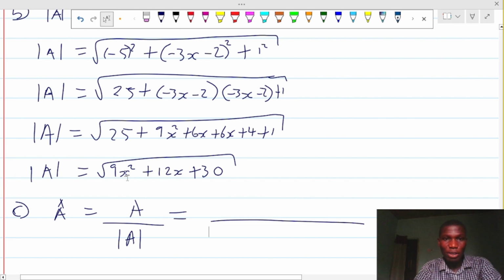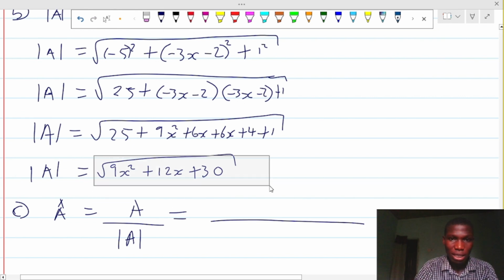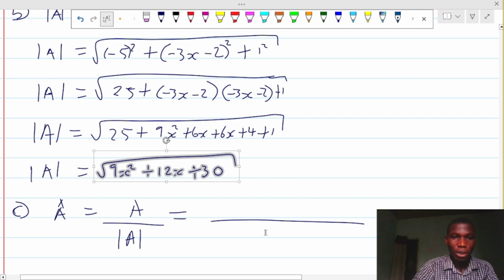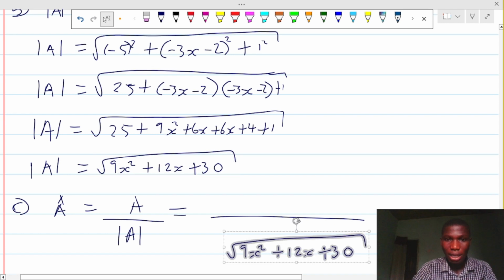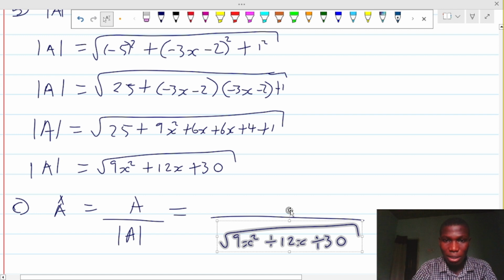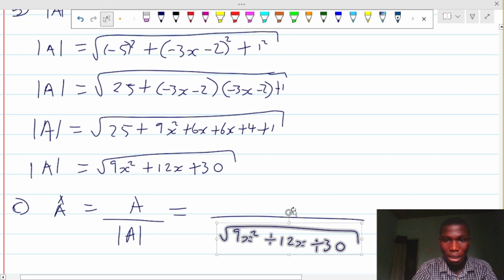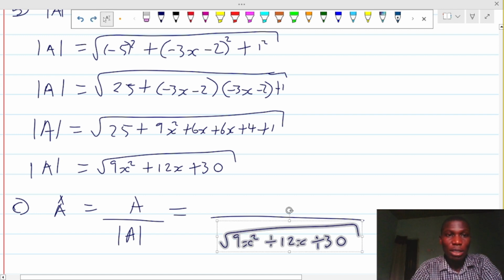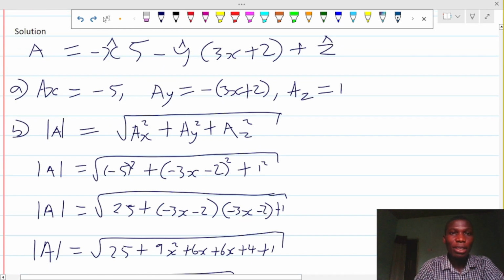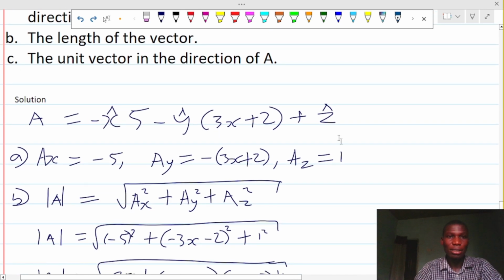The magnitude of the vector we already have here, so we can just copy it over and paste it here. So that's the magnitude of the vector, then the vector itself is this.